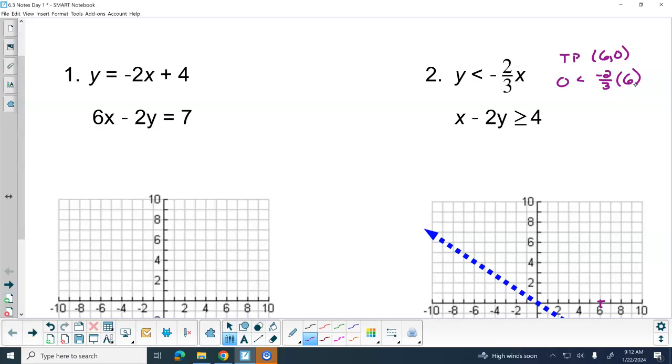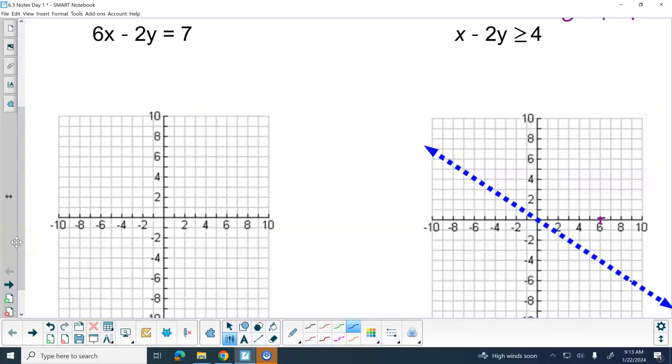Okay? So that's why I did it. Is 0 less than negative 4? No, that's false. So that means that I am going to be shading on this side of said line. Agree? Okay.